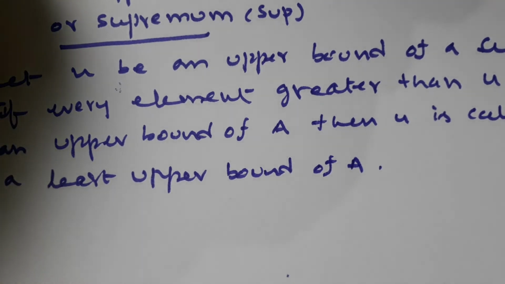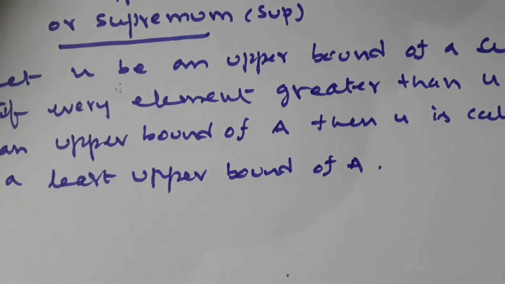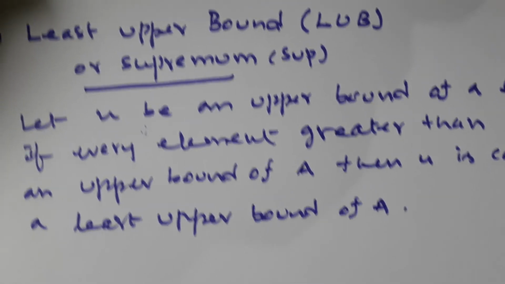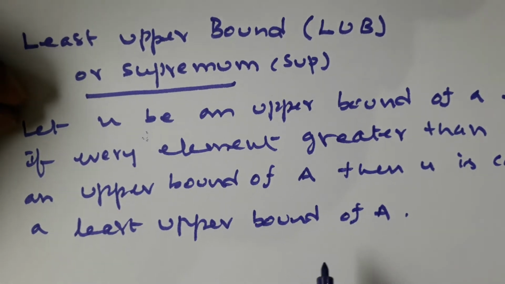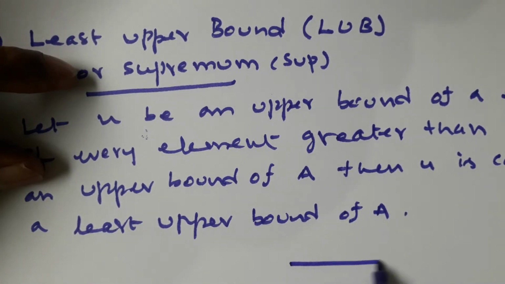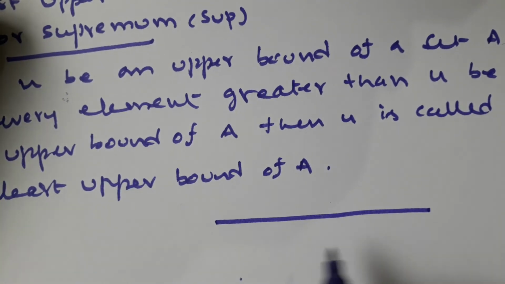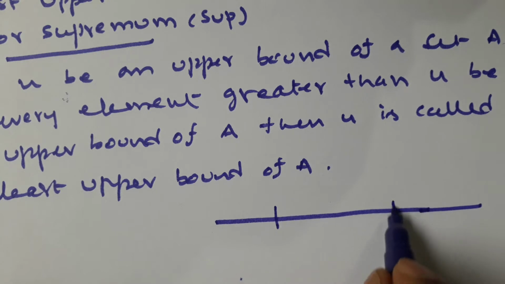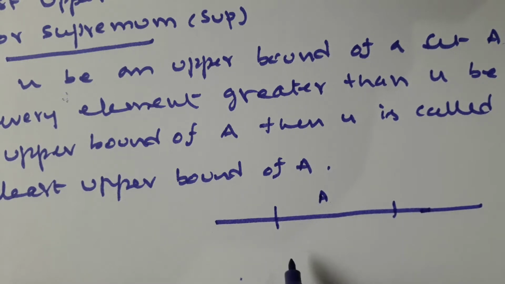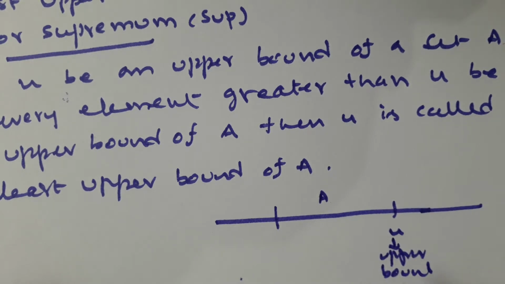These are important definitions: upper bound of a set, lower bound of a set, least upper bound of a set, and next the greatest lower bound of a set. So how are we defining the least upper bound of a set? Suppose this is the real number line and this is the set A. For this set A, I am taking u as the upper bound.